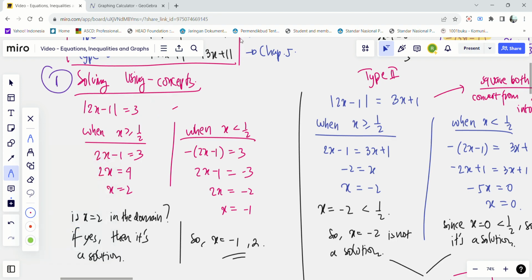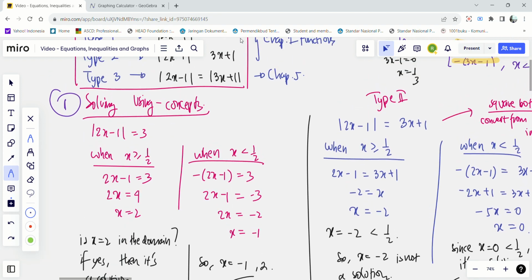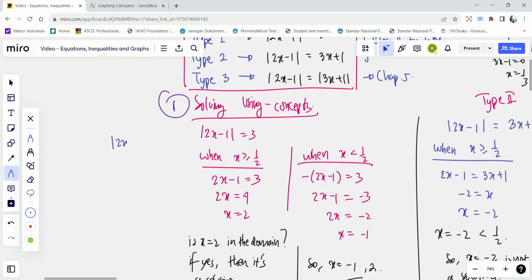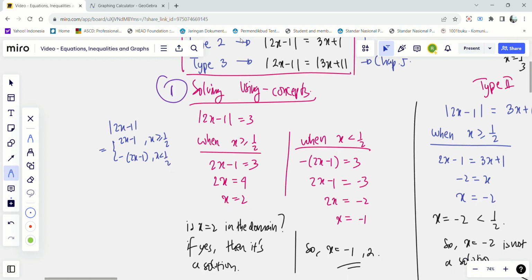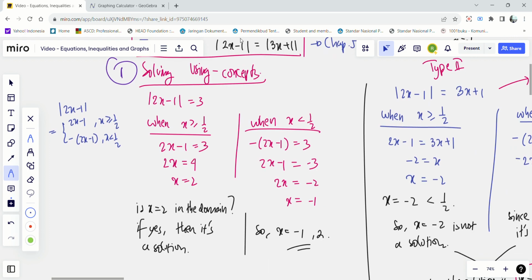By the concept, as discussed earlier, the modulus of 2x minus 1 must have two values, right? 2x minus 1 and negative of 2x minus 1, when x is at least half and x is less than half. So these will be the key properties that we need to consider. That's why you see here when x is at least half, consistent with this, right?